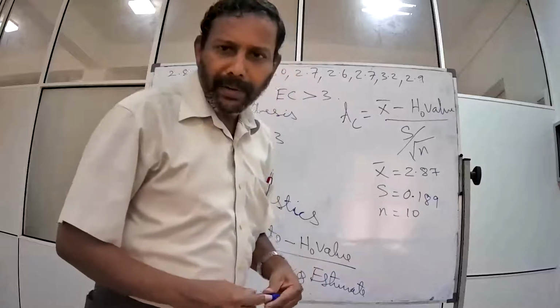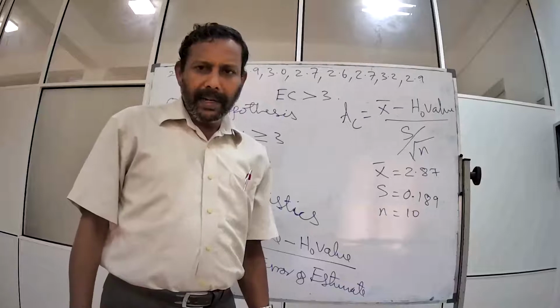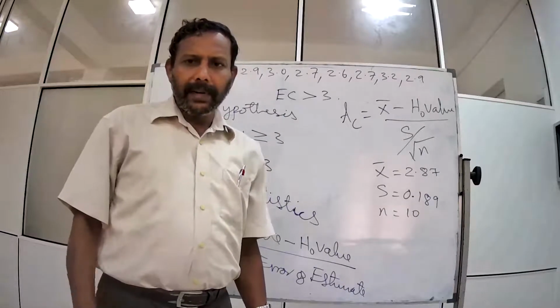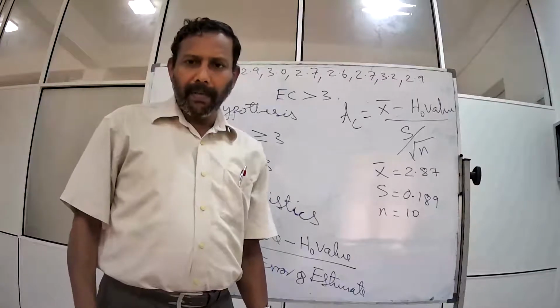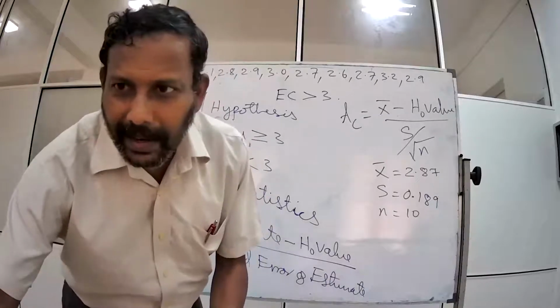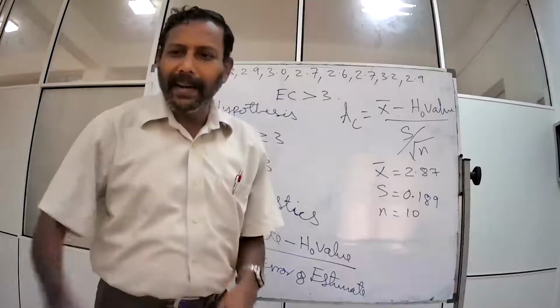Because there are different values. One says 0.187, the other says 0.1886, the third says 0.1957. So there are three different answers. All three are close, but three different answers.